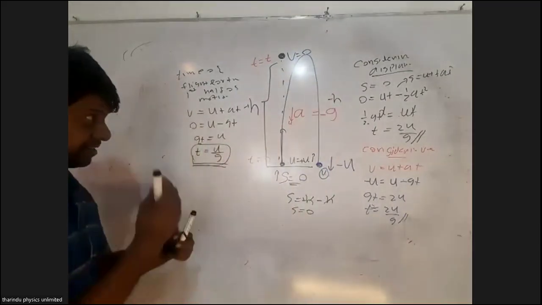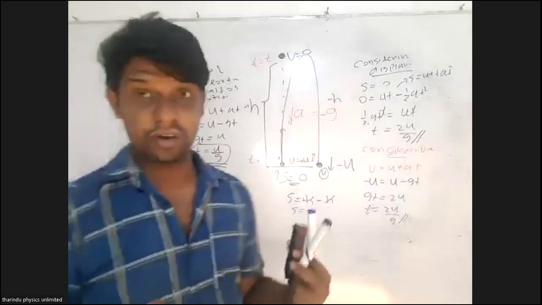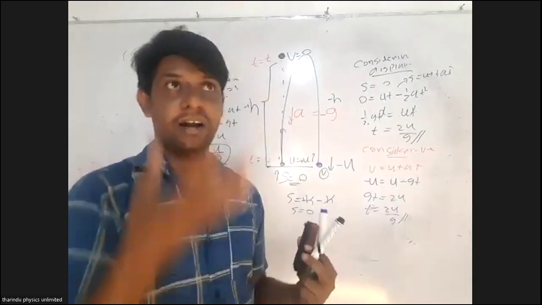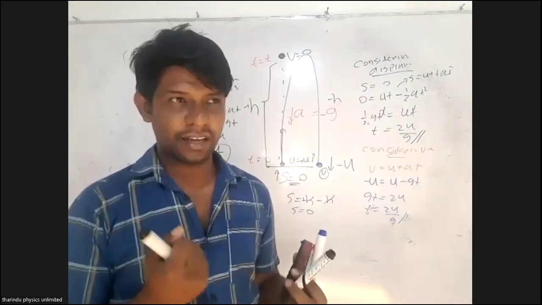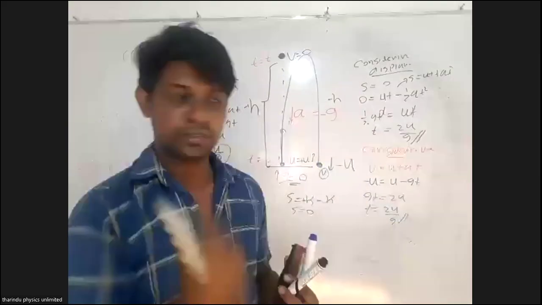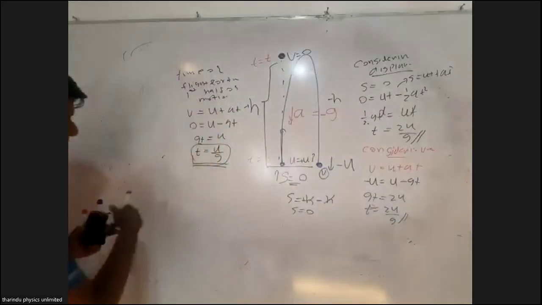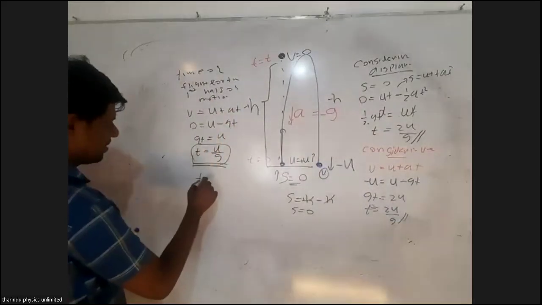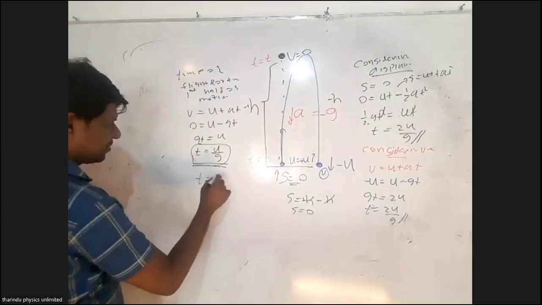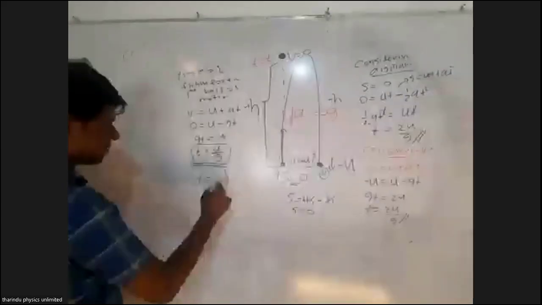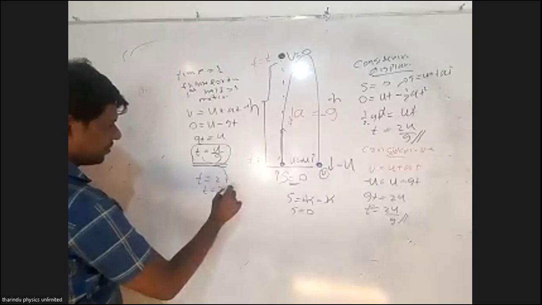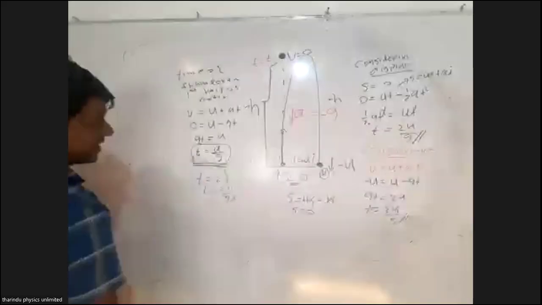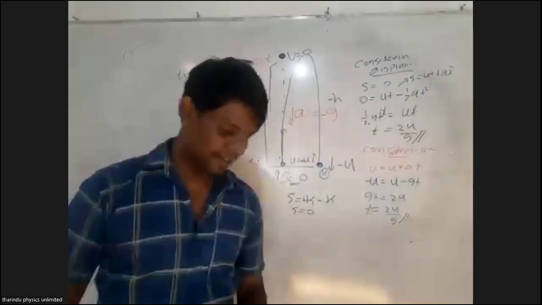So the upward time equals the downward time. If you multiply this by 2, T equals 2U over G. So take it in this method.